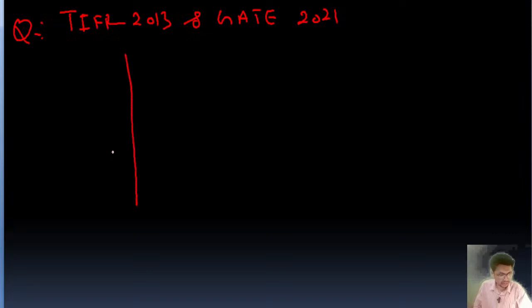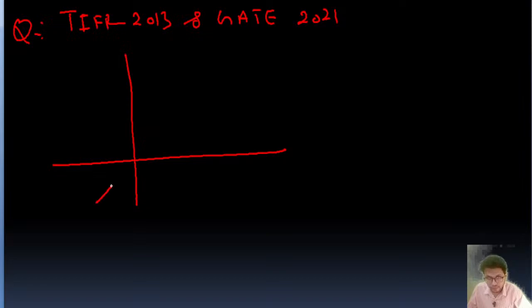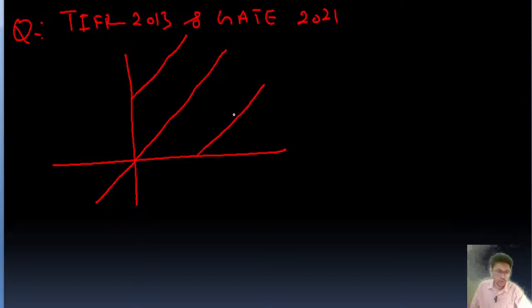This is the graph, and we have to select the correct graph. This line passes through here, this line passes through there, and this line passes through there. So this is the graph given, with lines A, B, and C.